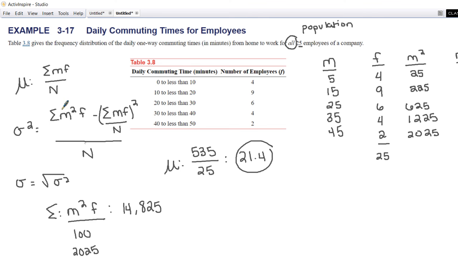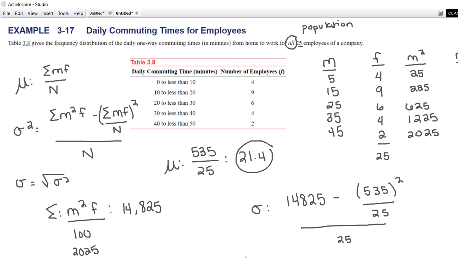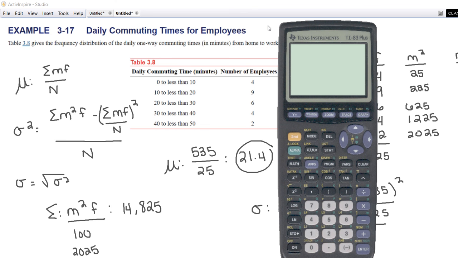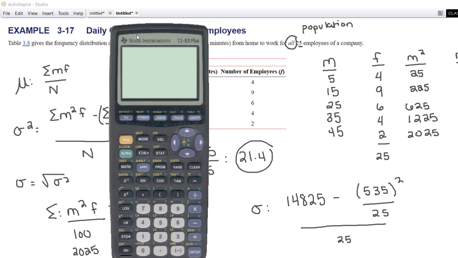Okay, so we have everything we need here. We're going to do our formula. We have the sum of midpoint squared times the frequency, 14,825, minus the sum of midpoint times frequency, this 535. Then we're going to square that and put it over 25 for our n, and that whole thing is going to be over 25. I'm just going to pull up this calculator so we can do this problem.